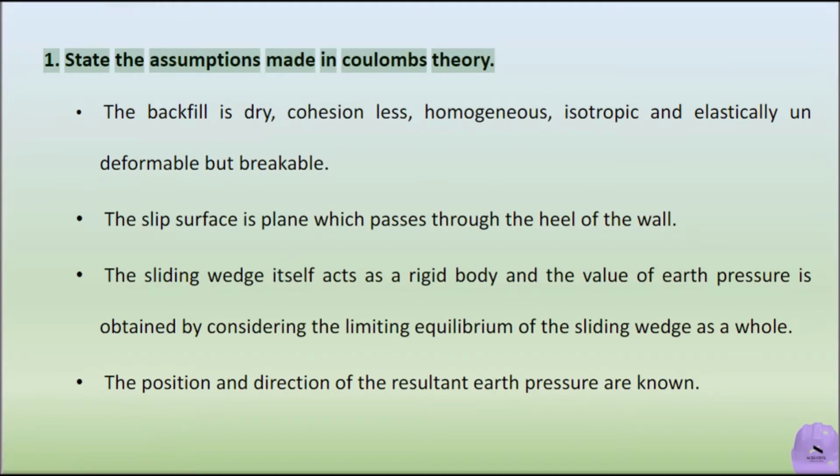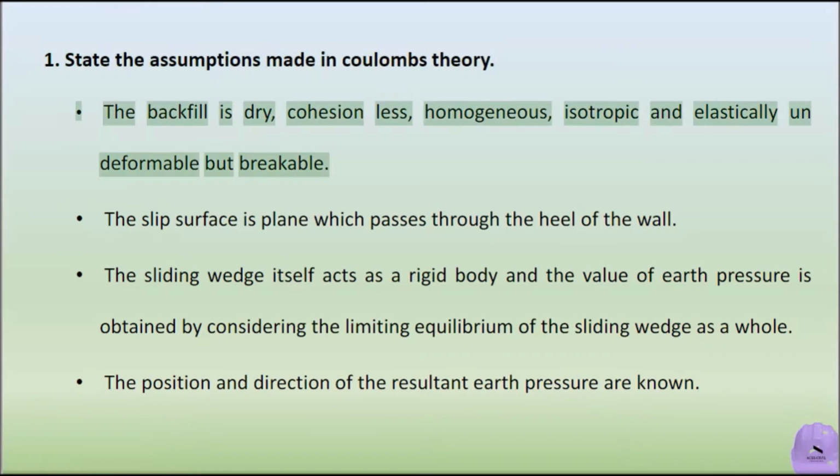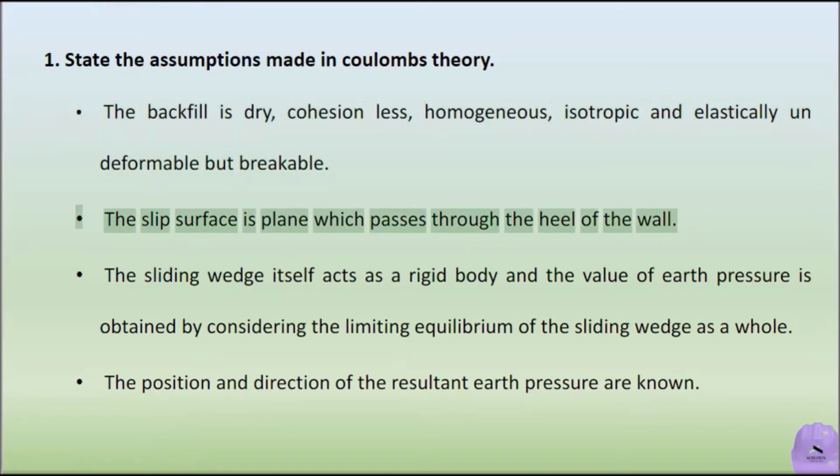1. State the assumptions made in Coulomb's theory. The backfill is dry, cohesionless, homogeneous, isotropic, and elastically undeformable but breakable. The slip surface is plane which passes through the heel of the wall.